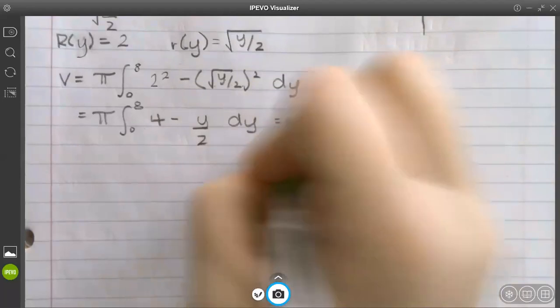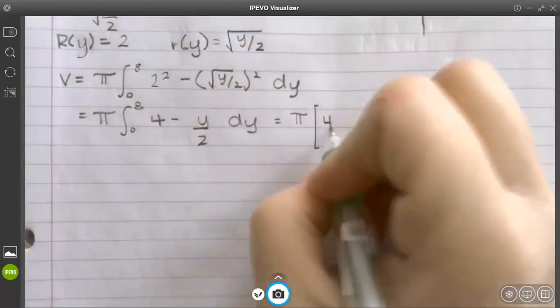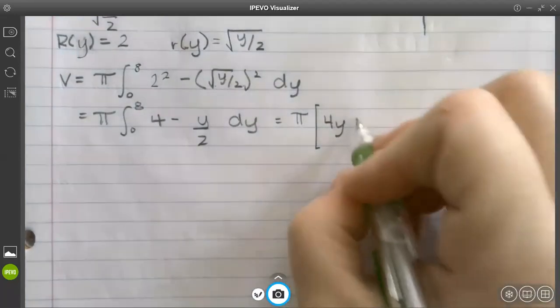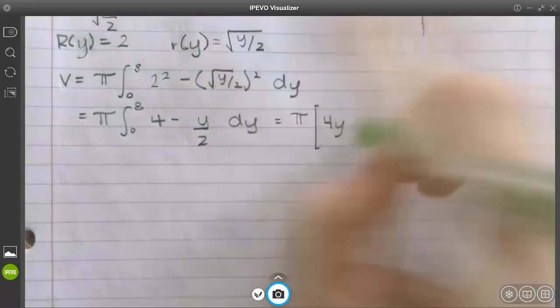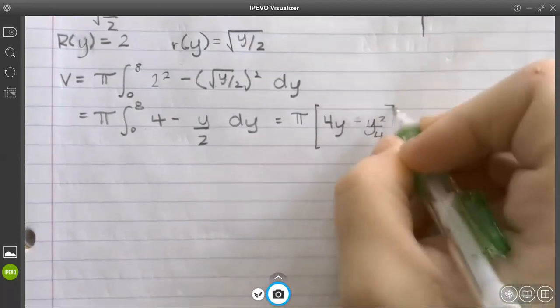Integrate it. 4y. What's the next one? y squared over 4. Sorry, minus. Everybody okay with the y squared over 4?